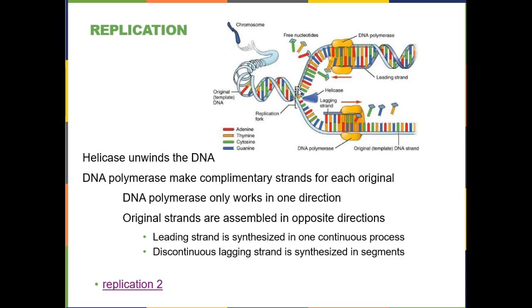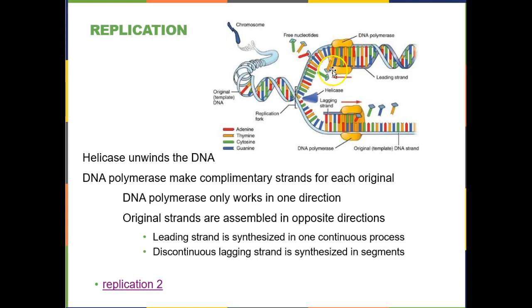So it doesn't just separate the two strands, but it has to spin and untangle the DNA, because you can imagine if you were just pulling apart those two strands, all of these twists behind it would get tighter and tighter and tighter. And the helicase has to deal with that. So it unwinds the DNA.